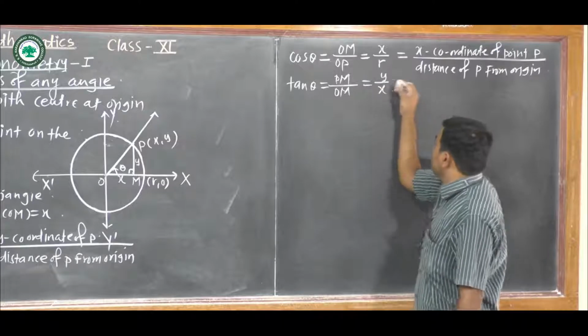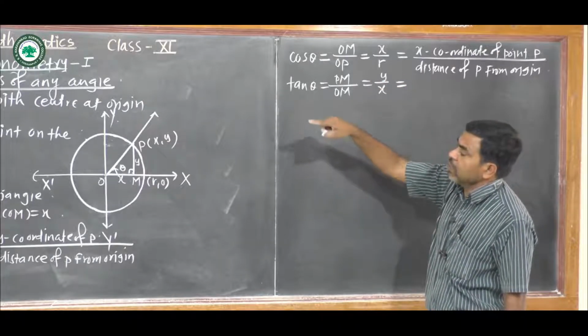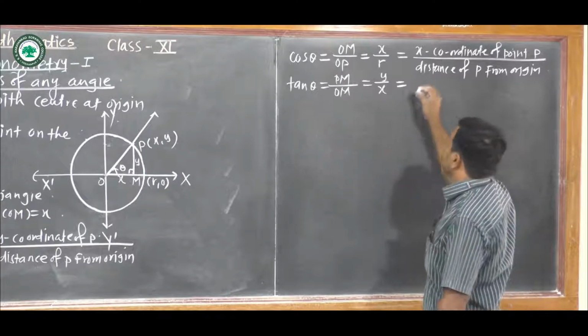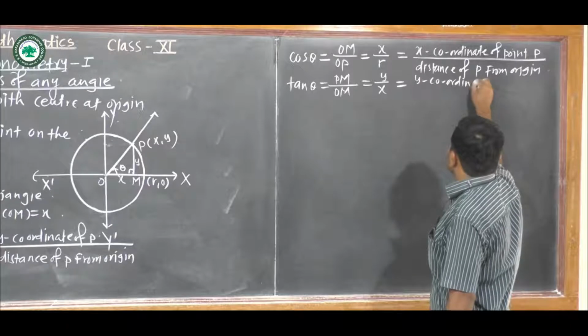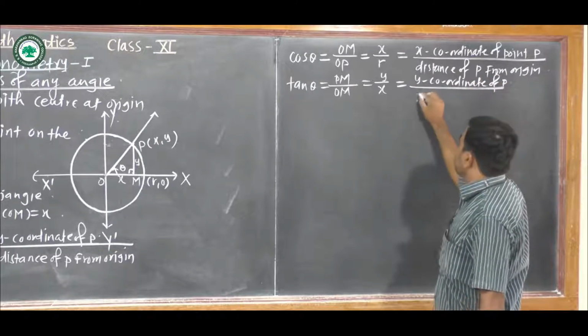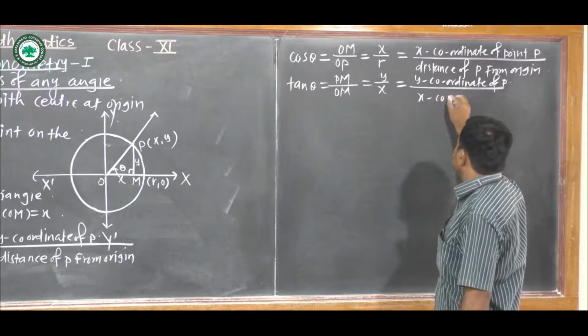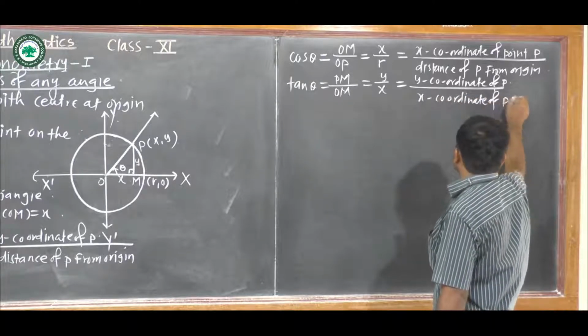And what is y? Y means y coordinate of the point P which lies on the terminal arm of the angle theta. So it is y coordinate of point P divided by x coordinate of point P.